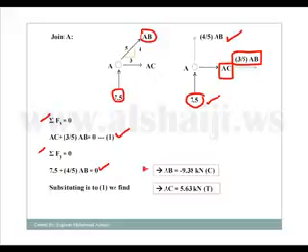From this equation, I can solve for AB, and I get a negative value, which means that although I assumed the force to be in tension, it is in compression. Now I take this value and substitute it back into equation 1, and I get a value of AC equals 5.63. This way I have already solved for the forces in the members AC and AB.